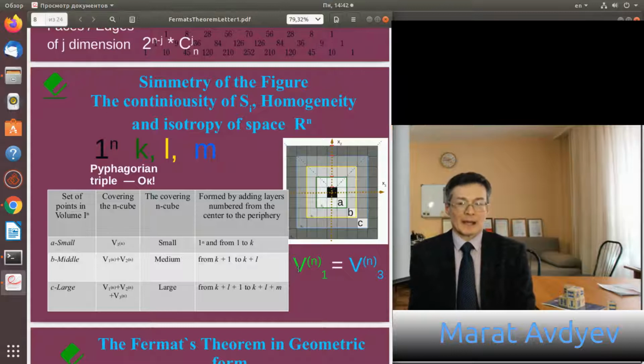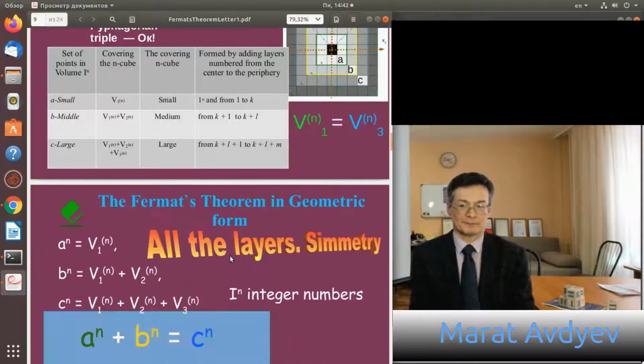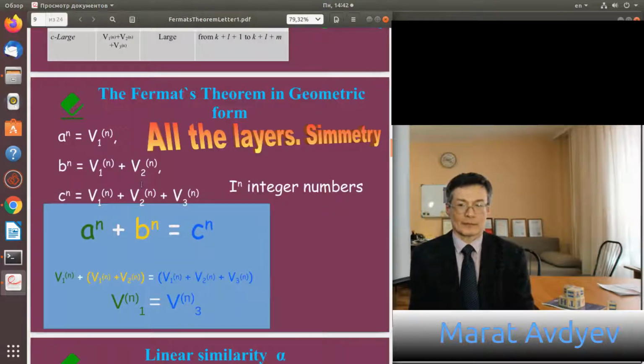Fermat's last theorem states that V1 equals V3. This is a necessary condition. Here you are. A equals V1 in n-dimensional space, B equals V1 plus V2, and C equals V1 plus V2 and V3, where V means volume.